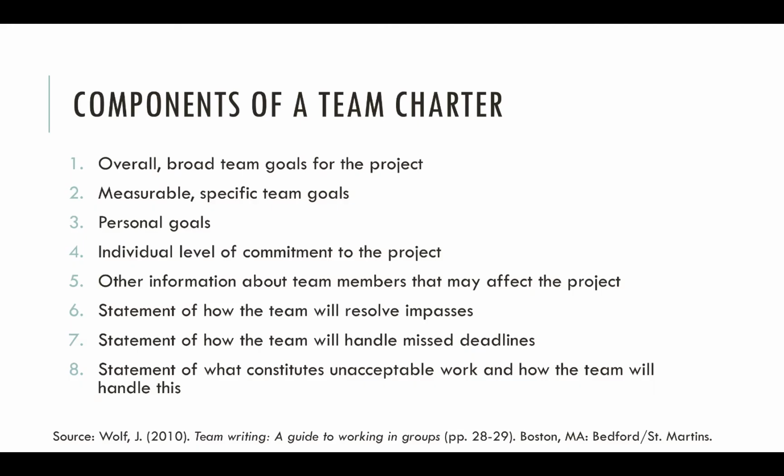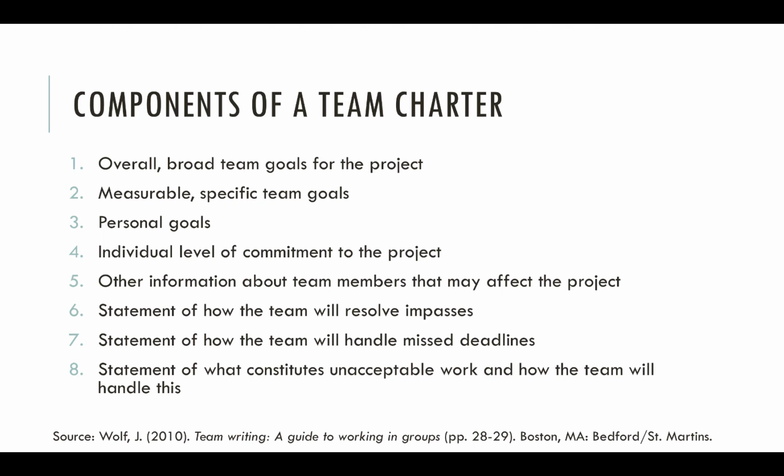Joanna Wolf, in her book Team Writing, A Guide to Working in Groups, says there are 8 components to an effective team charter. First, there are overall broad team goals for the project. Then there are measurable specific team goals. Next, there are personal goals for each team member.